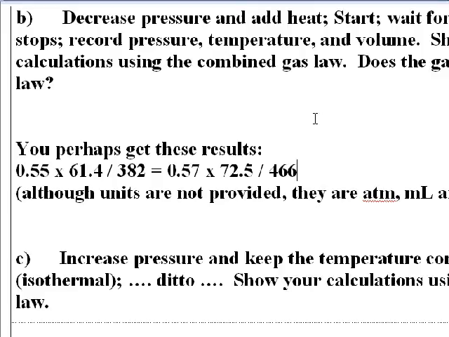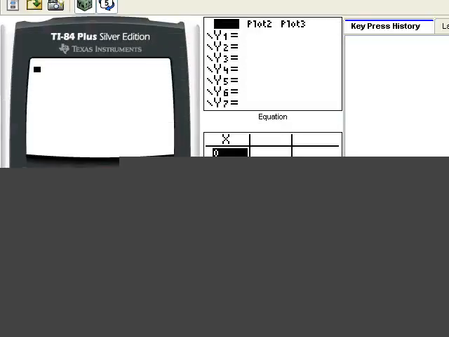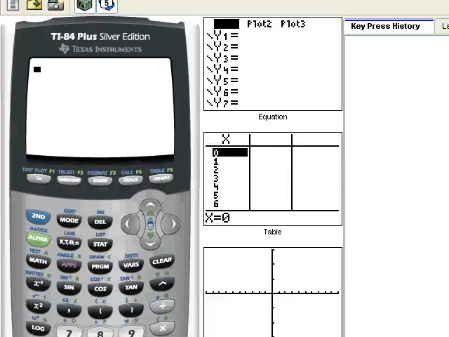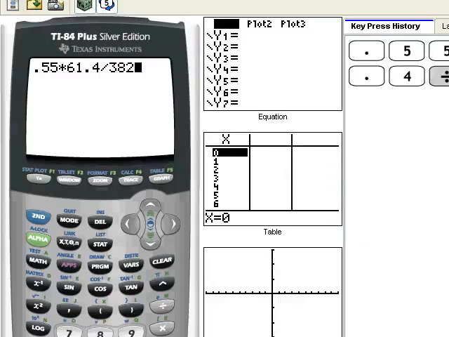So I'm going to do 0.55 times 61.4 divided by 382. Let me go over there. Okay, so 0.55 times 61.4 divided by 382. There we go.